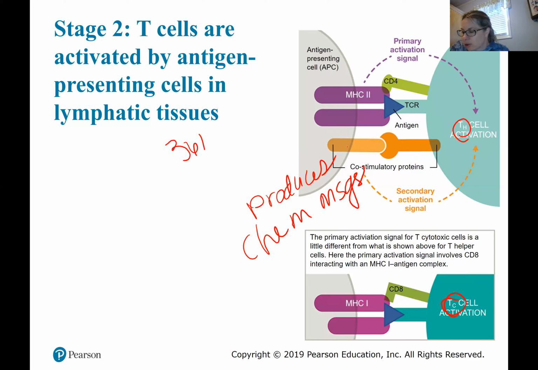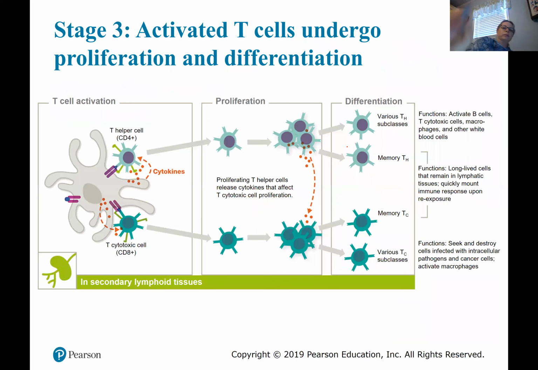And this slide just kind of looks at how there's actual binding that takes place between the antigen presenting cell and the epitope and the T cells. This is on page 362.